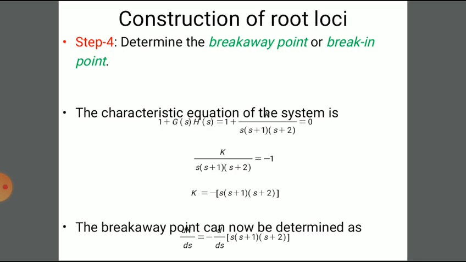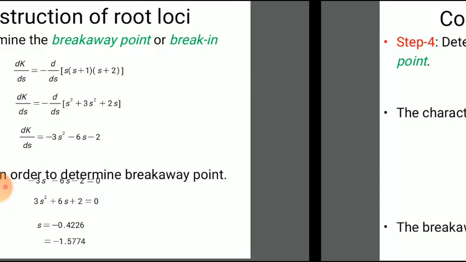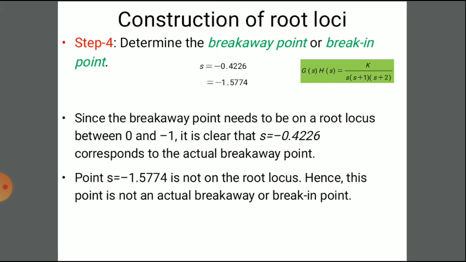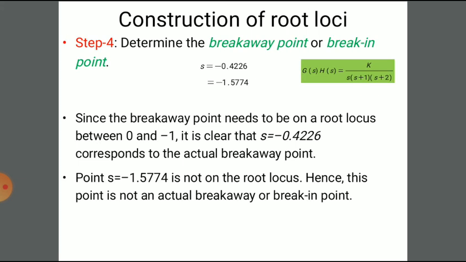After calculating, you will get dK/ds equal to minus 3s squared minus 6s minus 2. So you get two points for the breakaway point: minus 0.4226 and minus 1.5774.